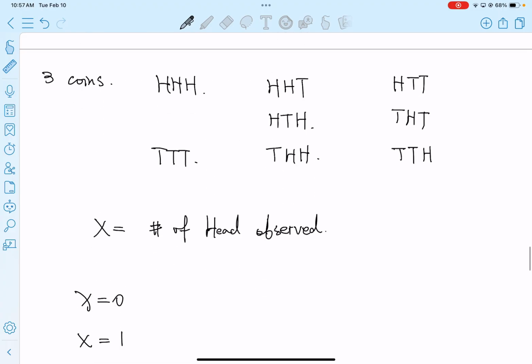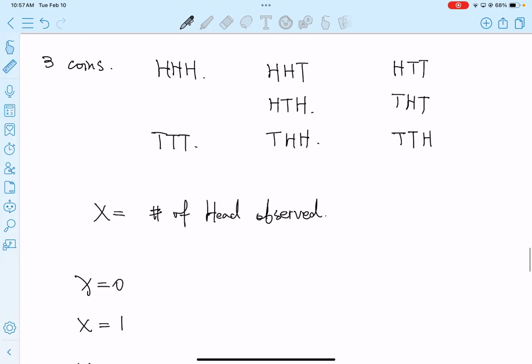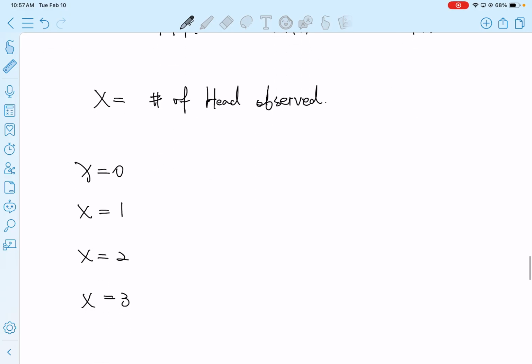Okay, so when we flip 3 coins, we can have the 8 different results in terms of the coins. But when we're talking about the random variable, we define X as the number of heads observed. Then we can see that X can equal each of the 4 different categories.